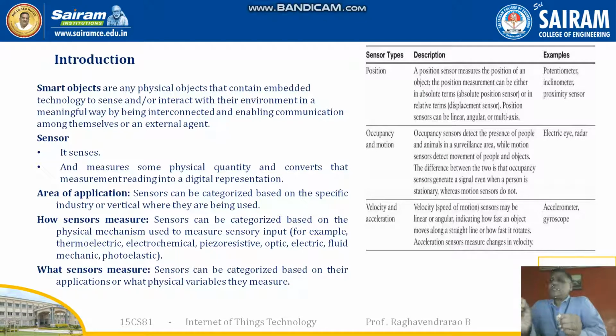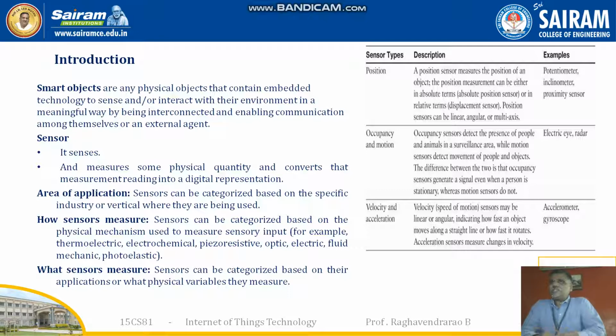A position sensor measures the position of an object. The position measurement can be either in absolute terms, that is a position sensor, or in relative terms, that is the displacement sensors.